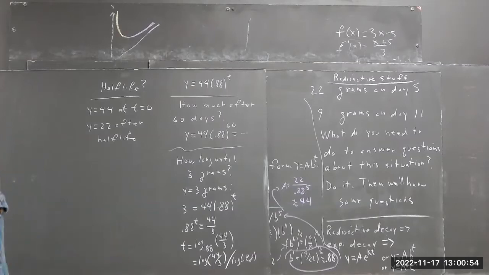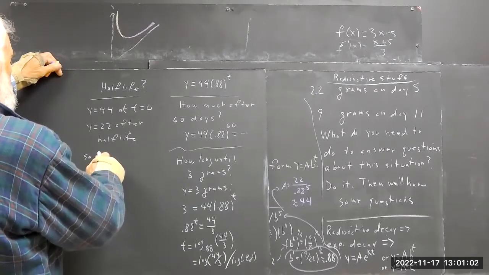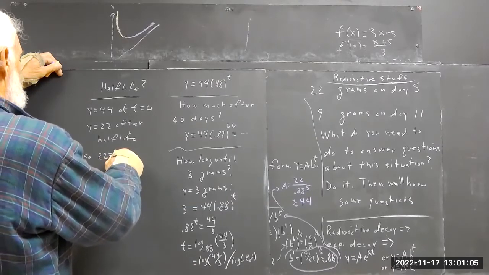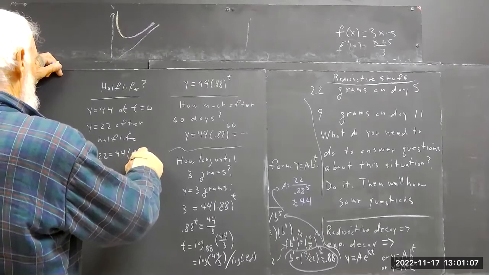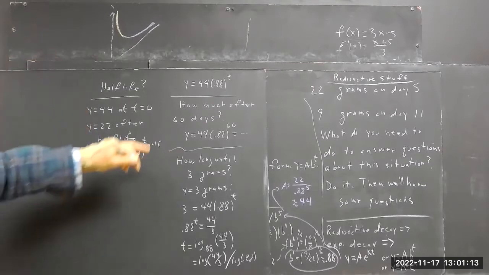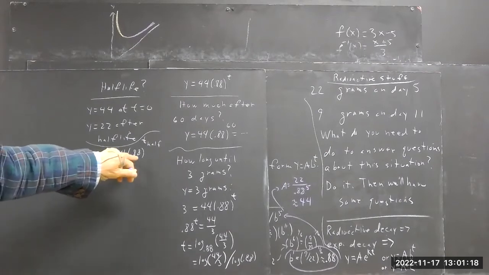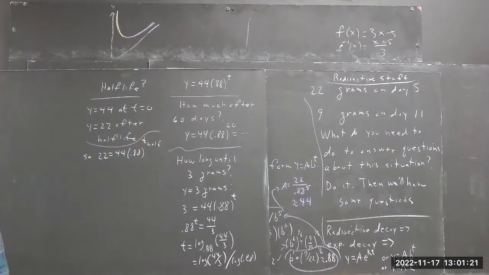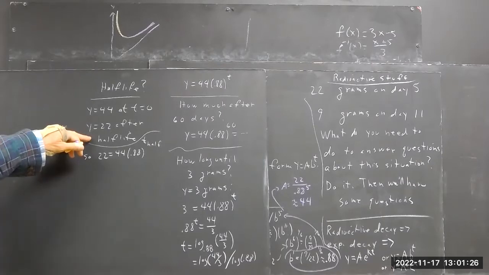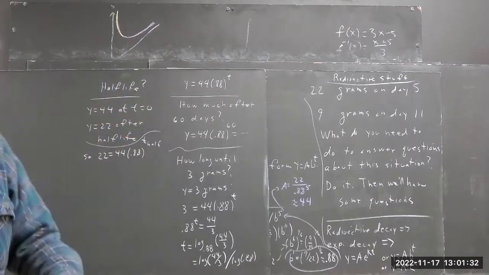You understand what half-life is? It's when you get half. We're using t half for the half-life. That means 22 is going to equal 44 times 0.88 to the t half, because after a half-life, starting at t equals 0, t is going to be t half.